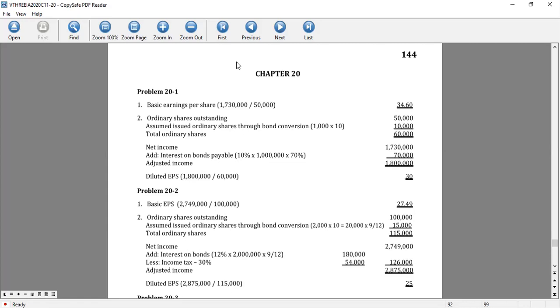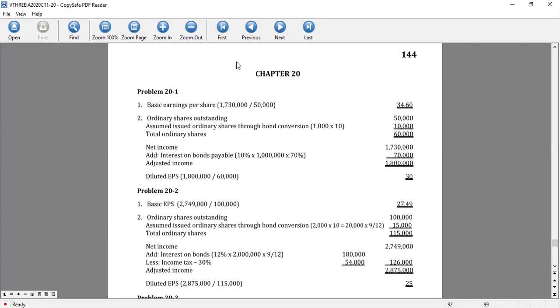And you multiply it by 70%, that's net of tax, or 100% minus 30%. So we now get 70,000, the interest on bonds payable. So the adjusted income is 1.8 million.